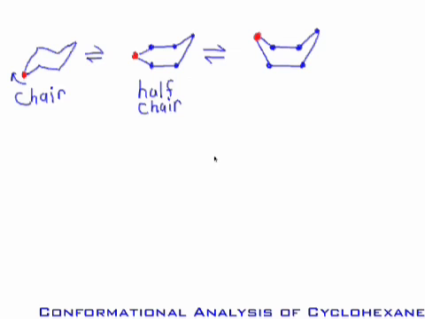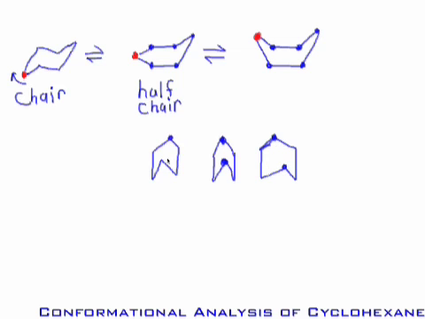If I was to draw it this way, the three conformations would be where these carbons line up exactly, where they're twisted to different sides, and I'm exaggerating this.